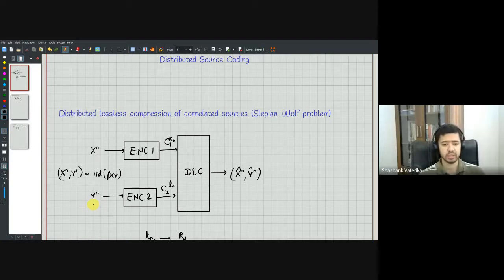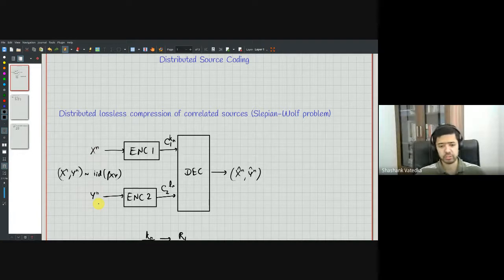Let's say that they're making temperature measurements. If the sensors are placed not too far apart, then the temperature measurements are not going to be too different. They're going to be different from each other, depending on how far apart the sensors are placed, but they won't be exactly the same.